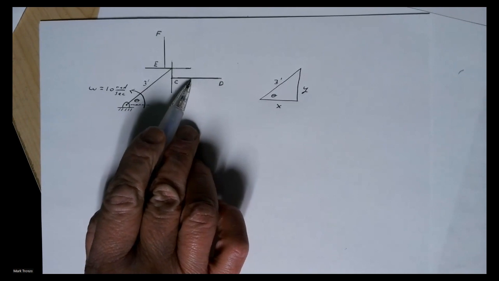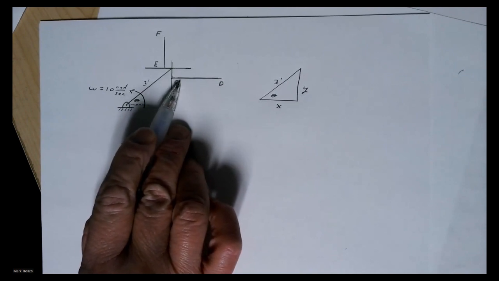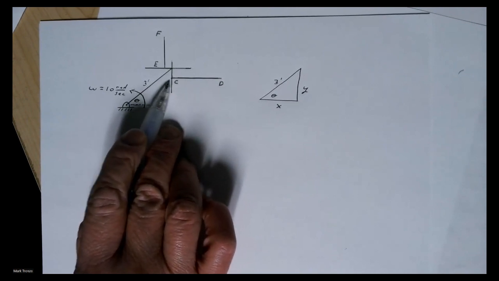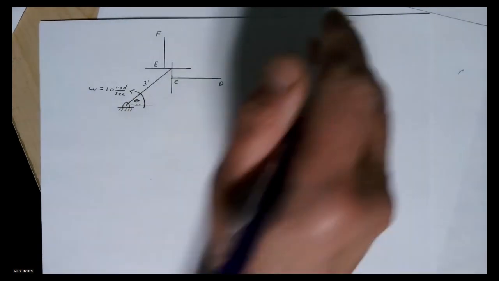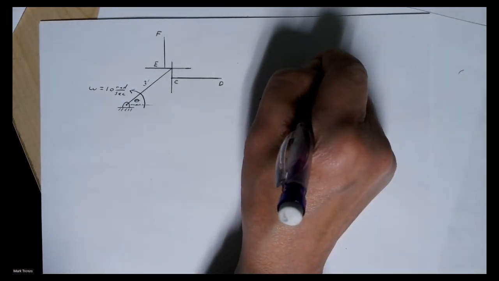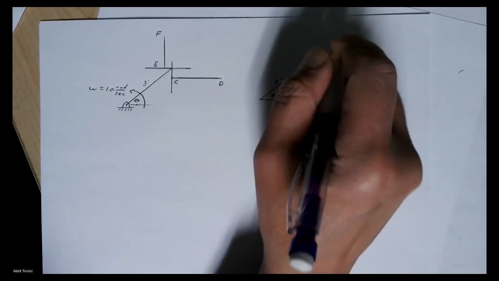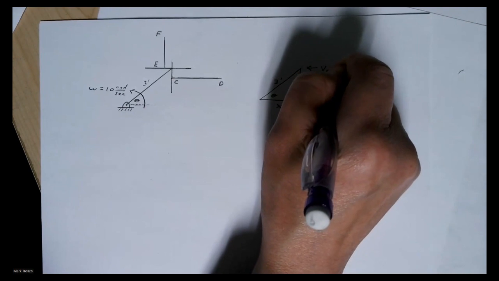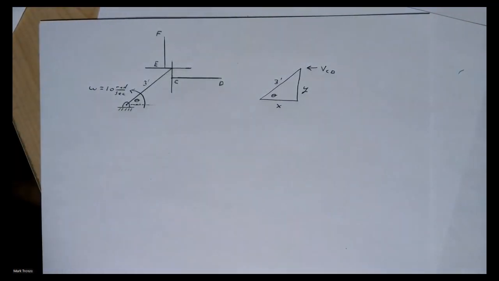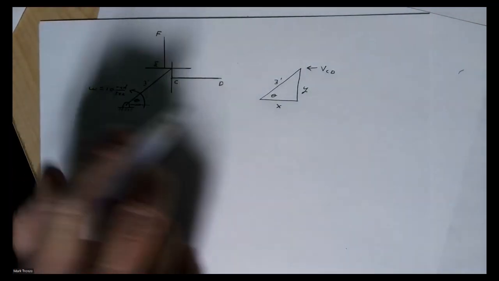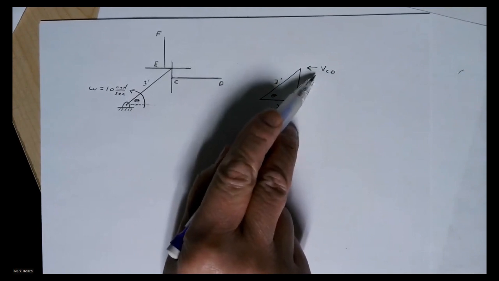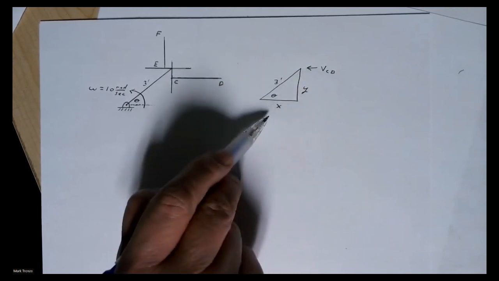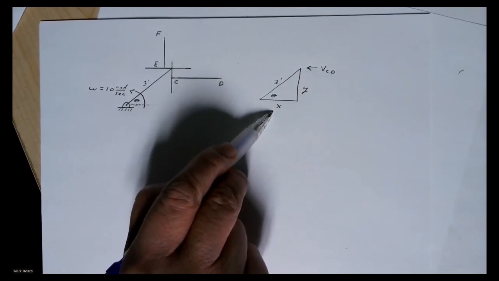And again, let's say if CD is going this direction, let's say velocity CD is in that direction, then as CD gets bigger, X gets shorter.